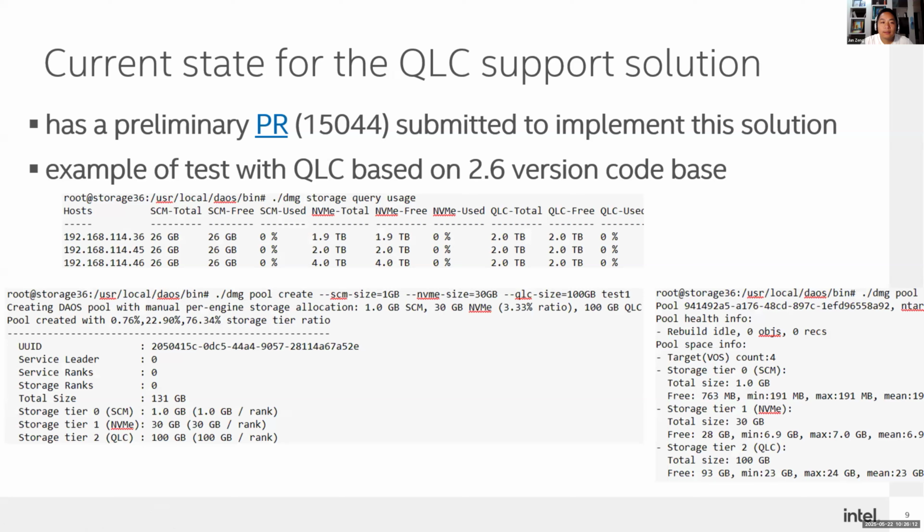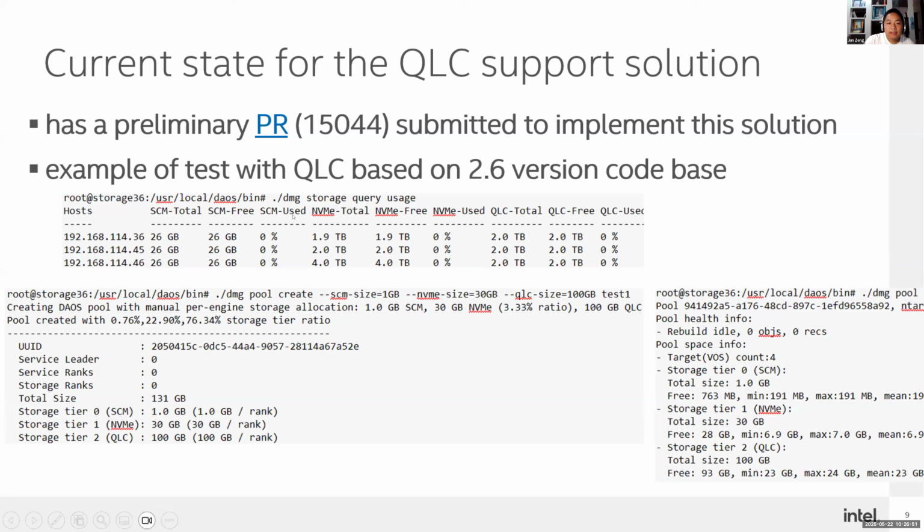The current state is that we have submitted a preliminary PR. The PR number is 15044, from last September, to support QLC based on the 2.6 version code base. Here I put some pictures to show the tests we did last year.